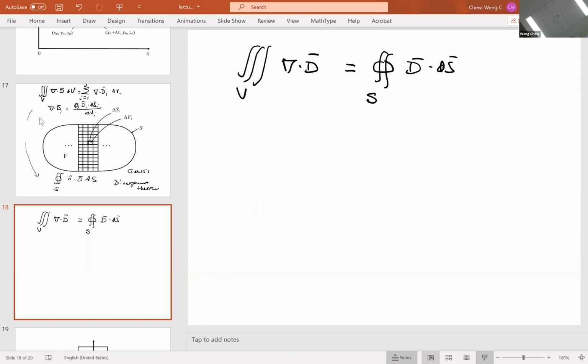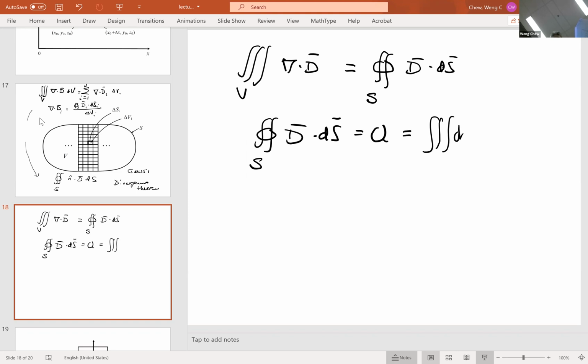So if I take Gauss Coulomb law, which says that D dot dS is equal to Q. Okay, this is Gauss Coulomb law. And then the right hand side, I can also write it as a volume integral as well.